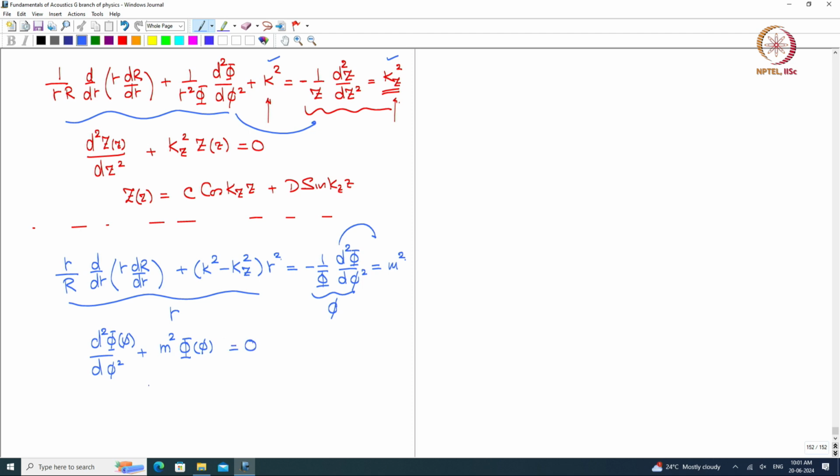Okay, and this has the solution phi of phi given by, let's say, E cos m phi plus F sin m phi. Okay, now let me just say here that this m has to be an integer.